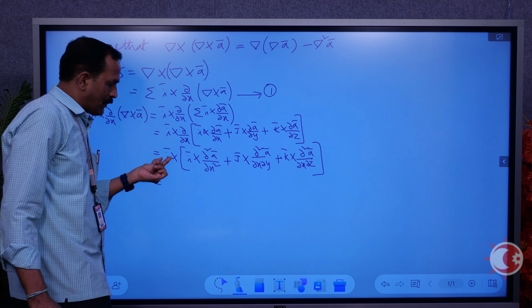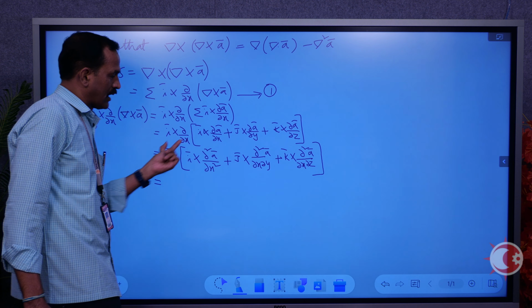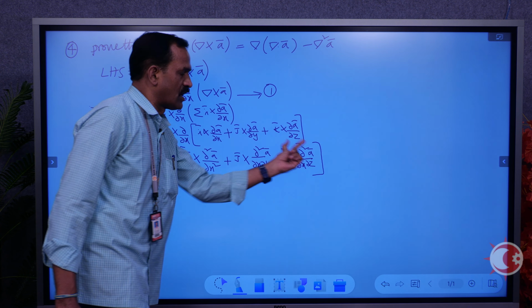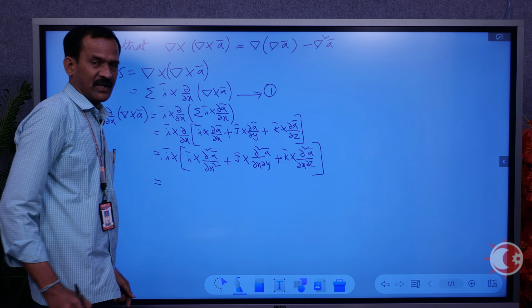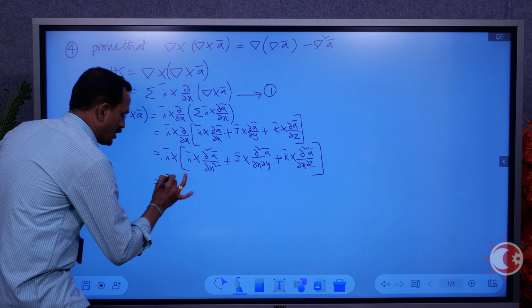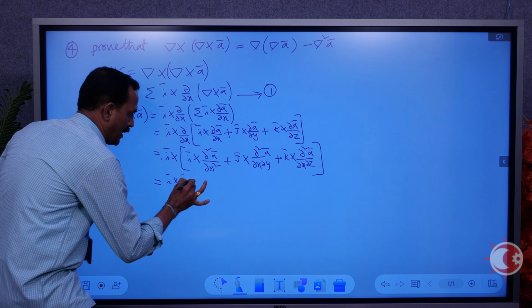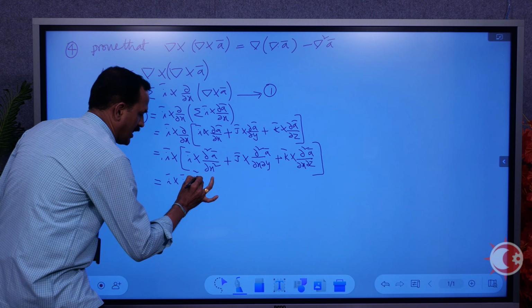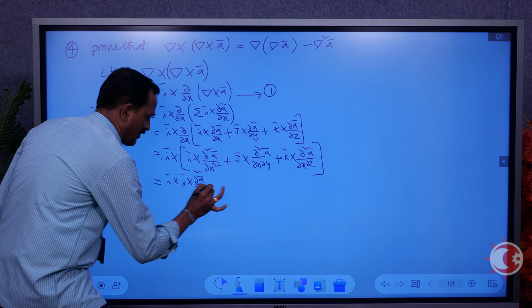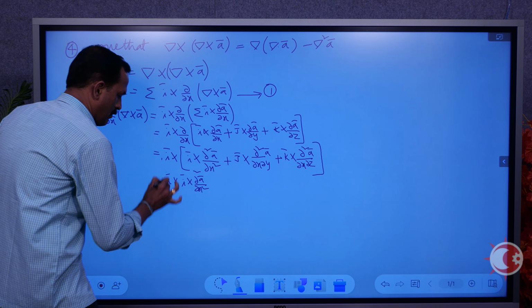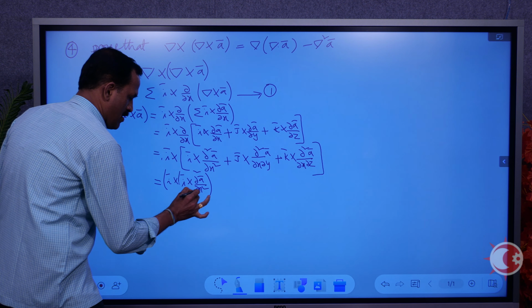Now I bar cross this first term, I bar cross second term, I bar cross third term. Just separate I bar cross to each and every term. So I bar cross dou square A bar by dou x square, maintain bracket for that. This is the first term.